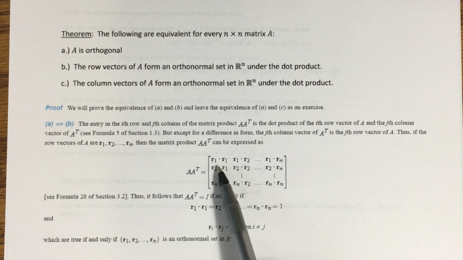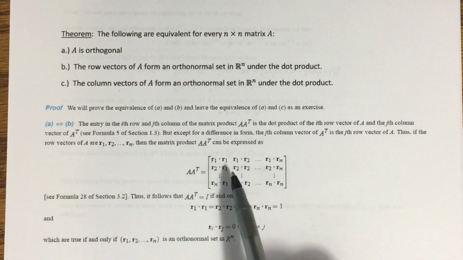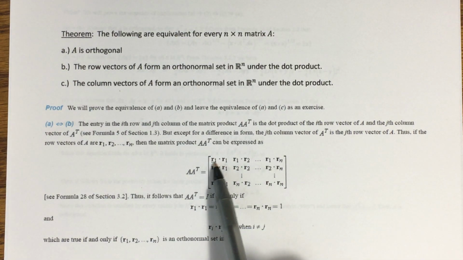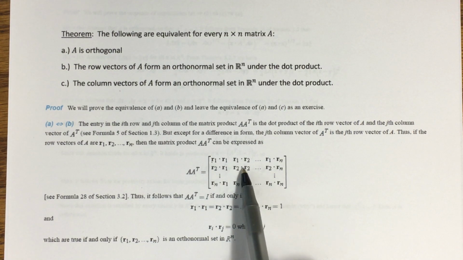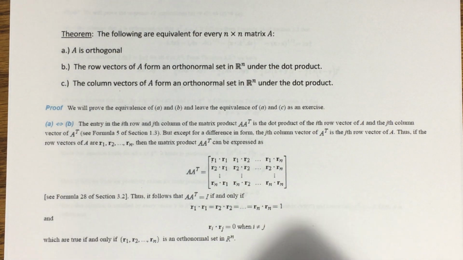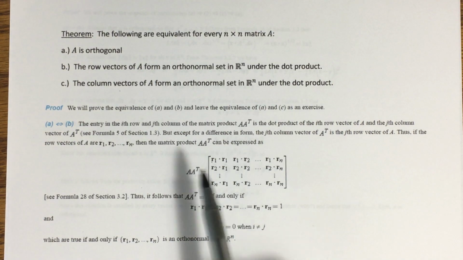In other words, every row of A, when dotted with itself, equals 1. Remember, when you take the inner product of a vector with itself, and the dot product is an inner product, what you get is the square of the norm of that vector. So that's telling us that each of these rows, R1, R2, all the way through Rn, has a norm of 1. Remember, that's part of what you need for an orthonormal set.